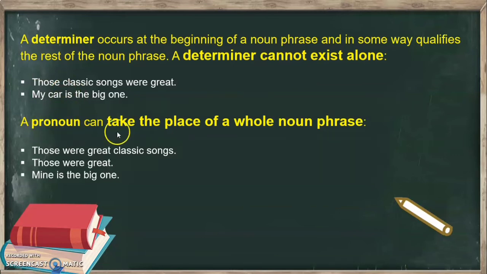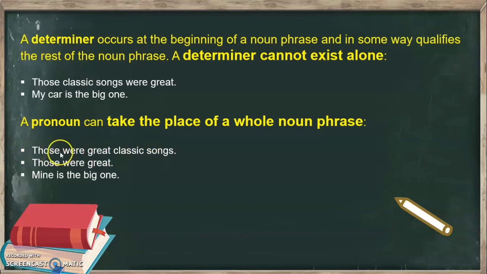As for pronoun, the pronoun takes the place of a whole noun phrase, meaning the pronoun can stand by itself. For example, those were great classic songs. We don't need a noun after the word those to make this a pronoun. So it can be just those were great.